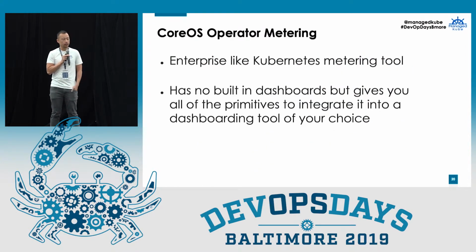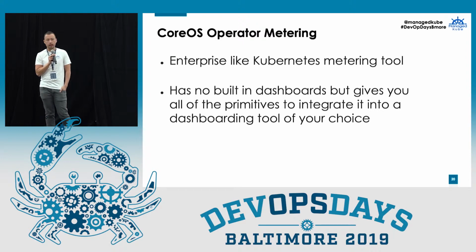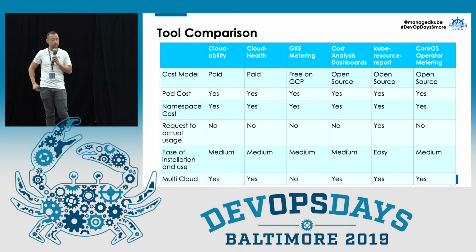Then there's another really good tool called CoreOS Metering Operator. It's more enterprise-like. There's no dashboarding available to you. But usually, if you want to integrate this with your own enterprise dashboarding tools, like Tableau or what have you, this is a very good tool to create these pipelines to give you cost visibility.